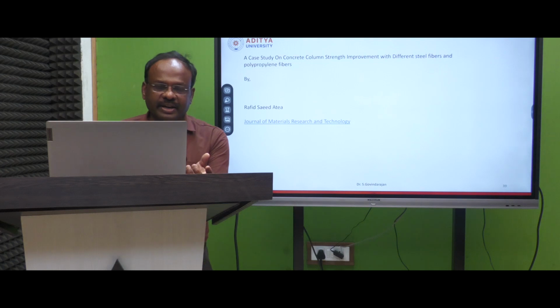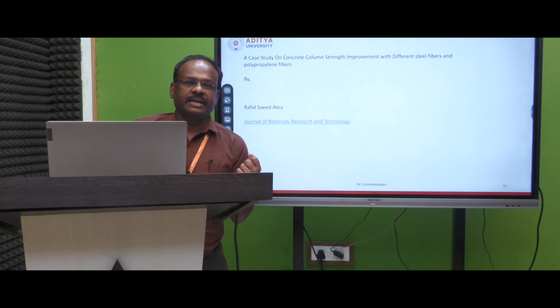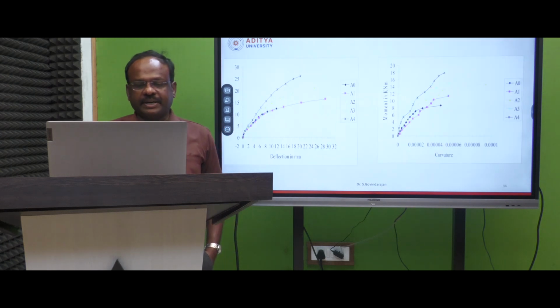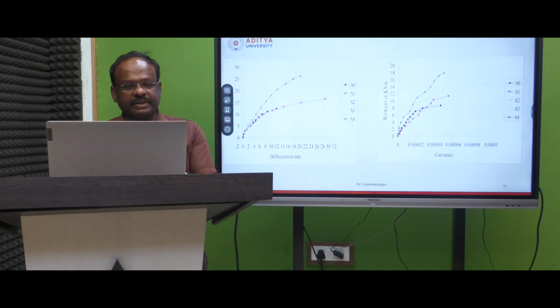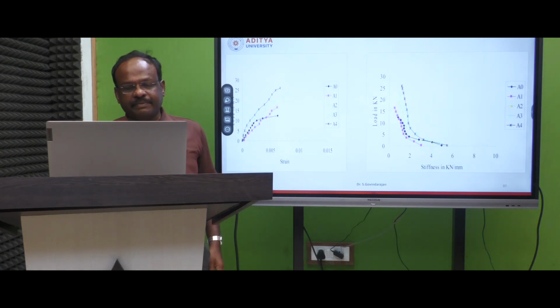Because the concrete you are using is fiber reinforced, it gives more stiffness, right? If it does not break easily, it will give more strength, more stiffness value, more strong. That is the purpose only. In the graph you check, right? For all types of graphs, you take values after completing this experiment.